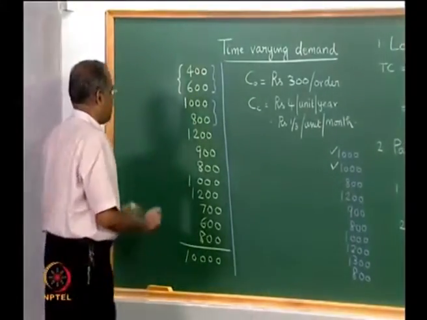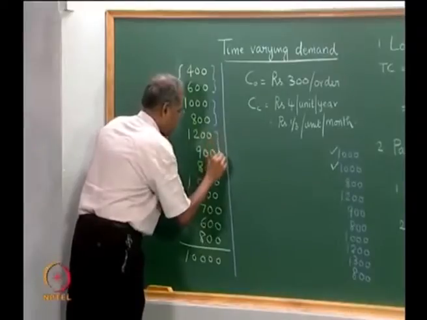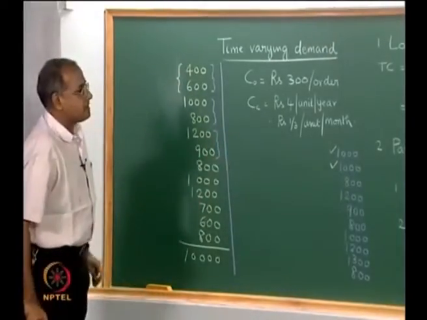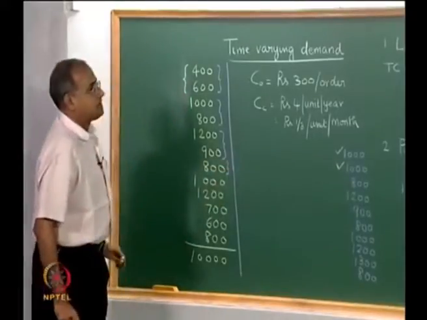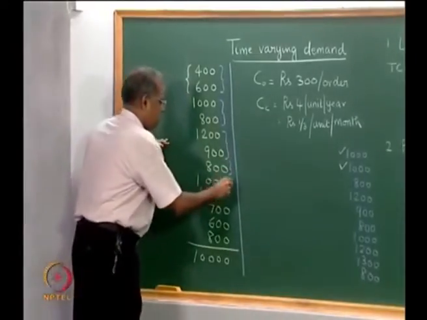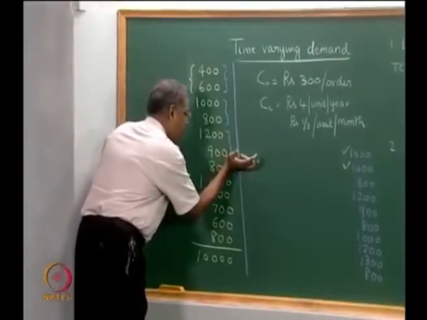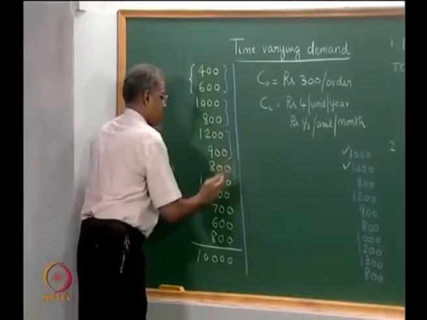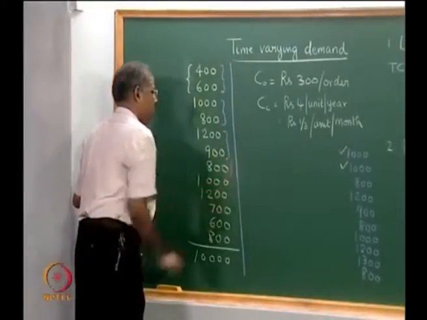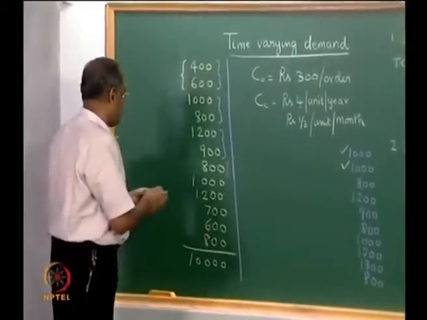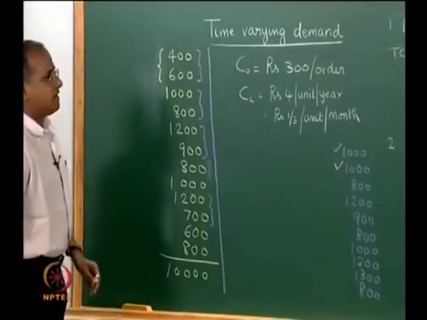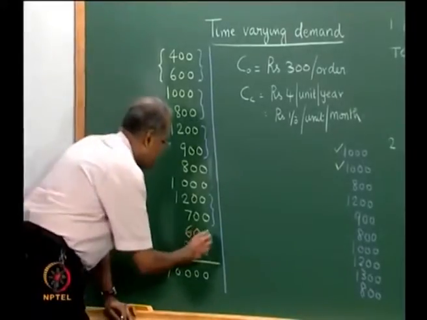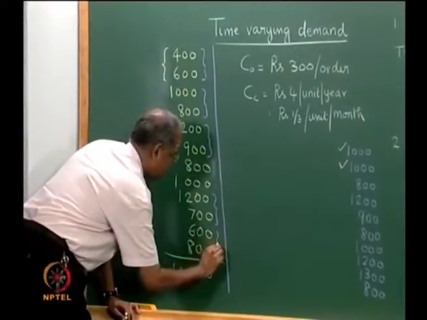Then we do 2100, we end up ordering these two together, then we have an 800 which is here, then we have 1000 which is here, then we have 1900 which comes here, and then we have 1400 which actually comes here.